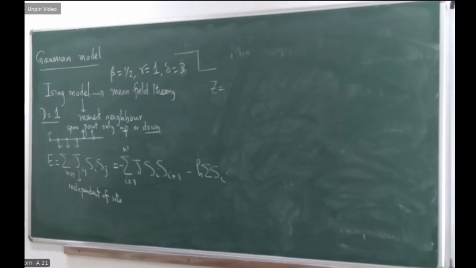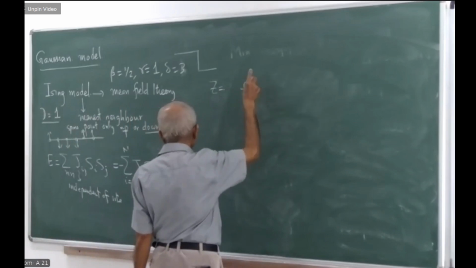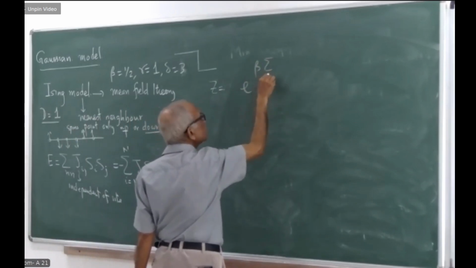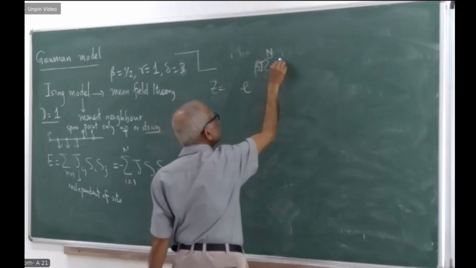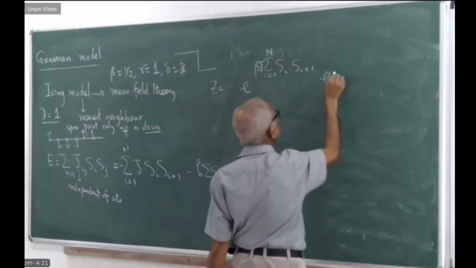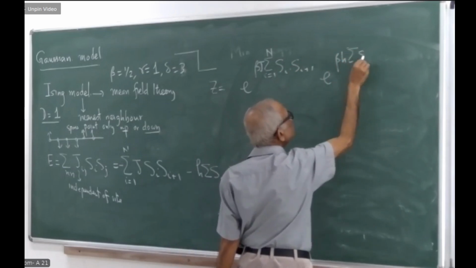So the partition function has to be evaluated, which is Z equal to the sum over configurations of e to the power beta J summation over i from 1 to n of S_i S_(i+1), times e to the power beta h summation S_i.